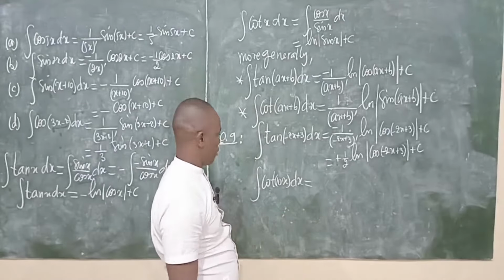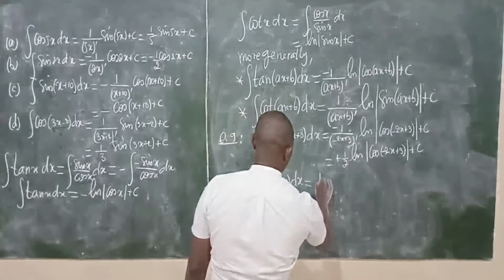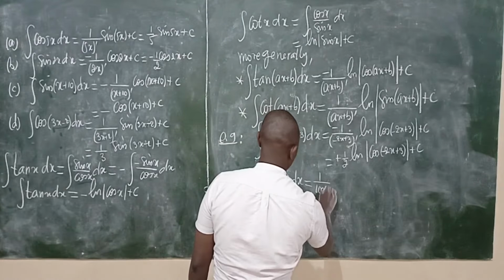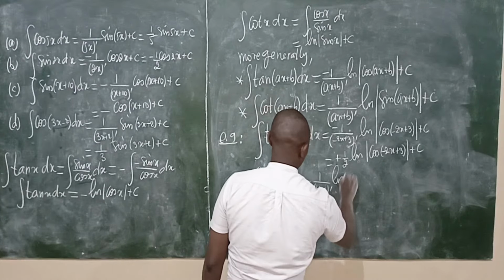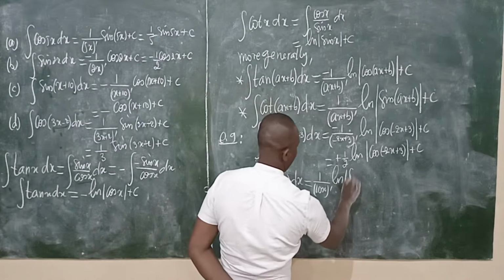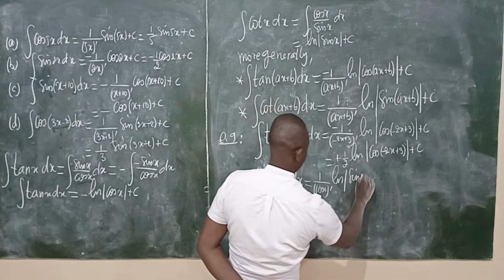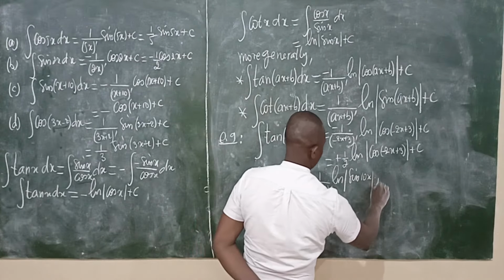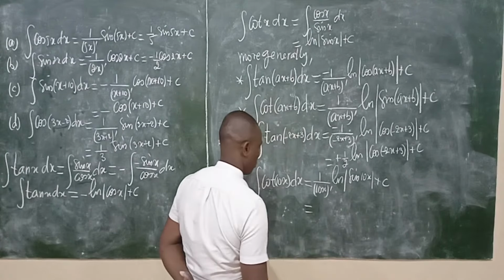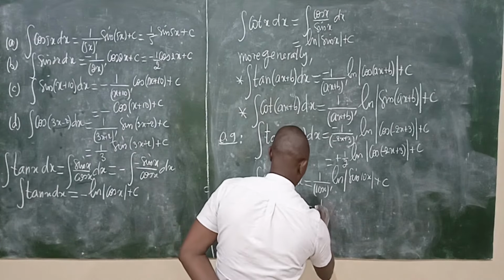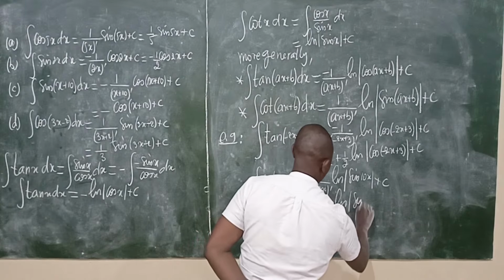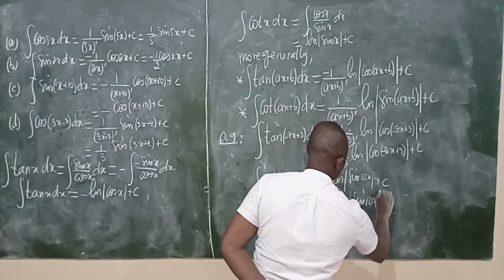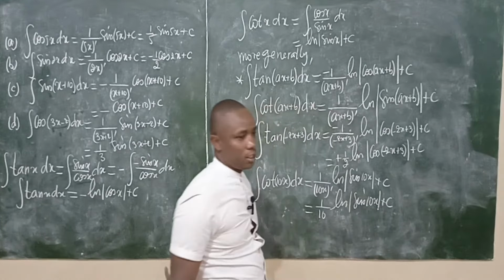This is going to be 1 over the derivative of 10x times the natural log of sine of 10x plus c. This will be 1 over 10 natural log of sine 10x plus c.